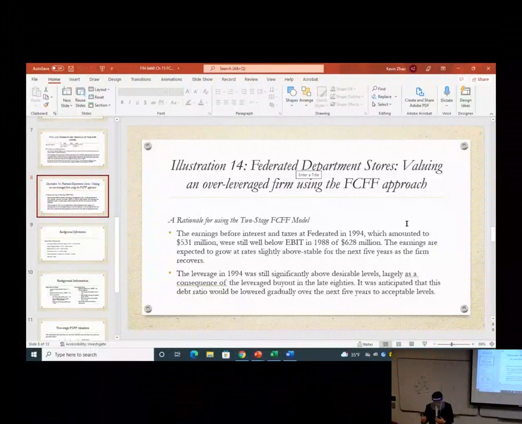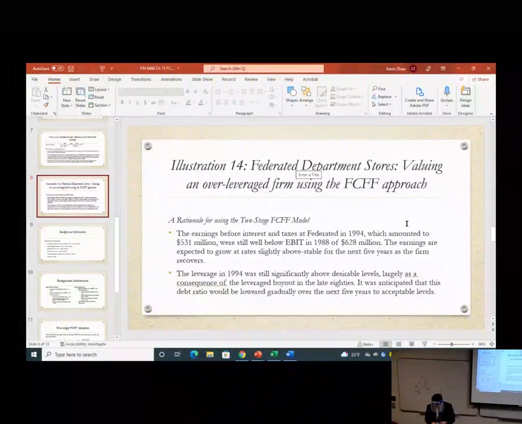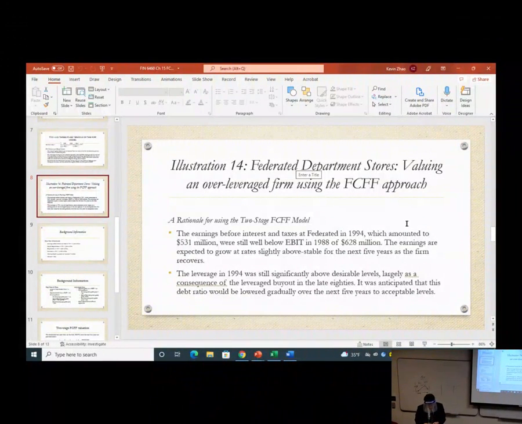The economy is expanding in the late 1990s. Earnings are expected to grow at a rate slightly above stable for the next 5 years as the company recovers. That's a pretty reasonable assumption: 5 years of strong recovery, which will bring high growth rates.